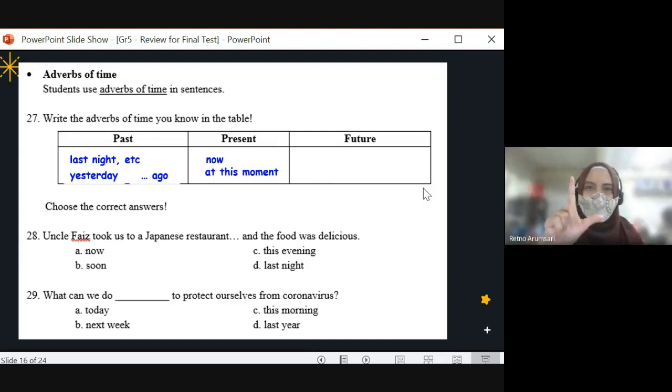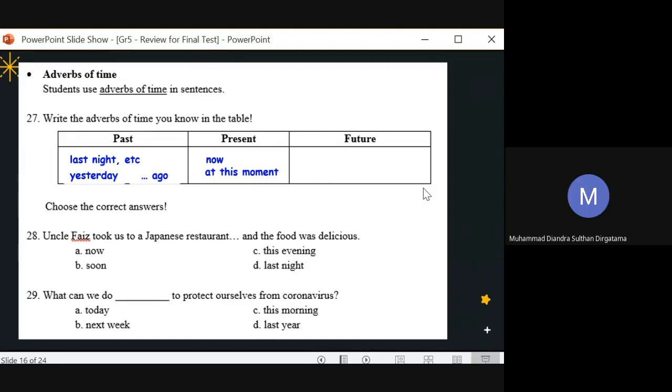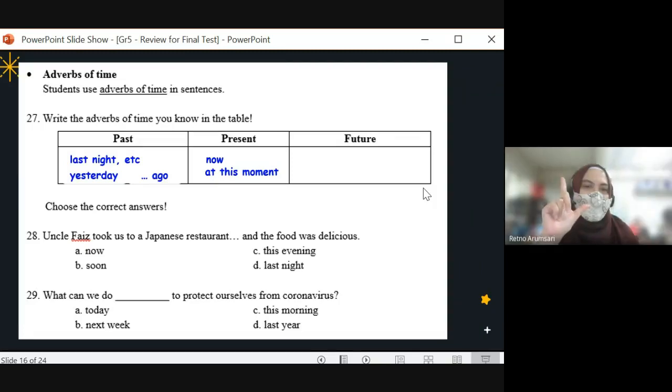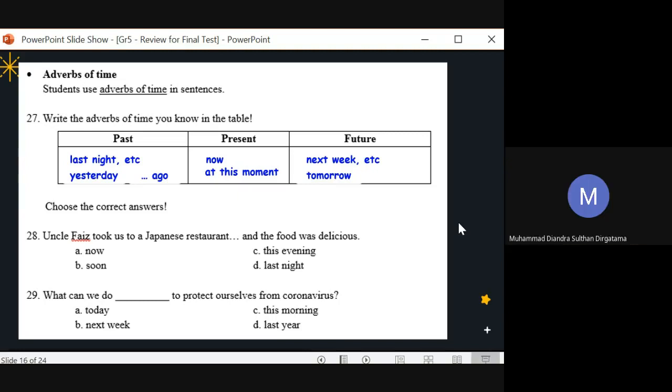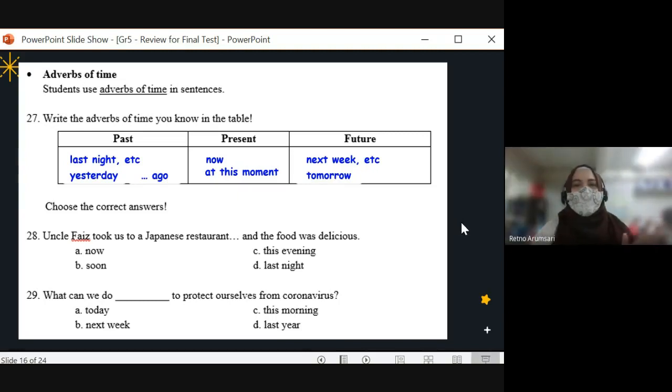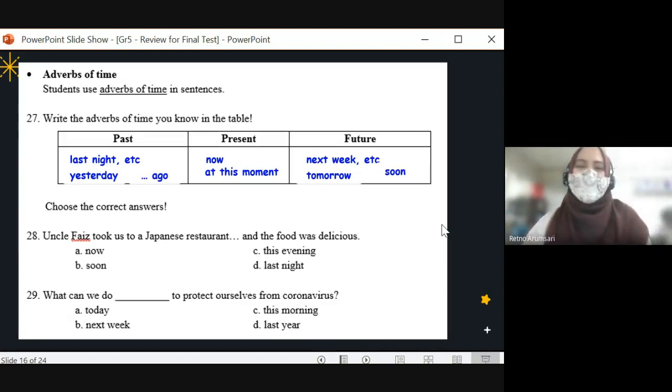It starts with L. Later. Later, or something that starts with an S. Soon, yes.